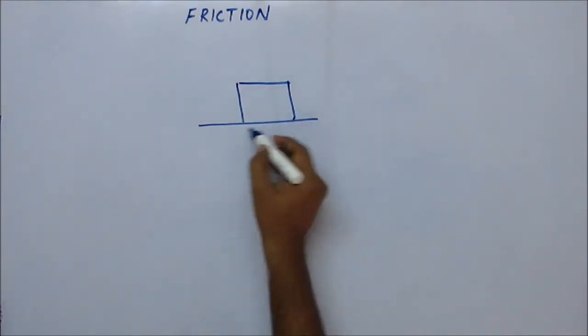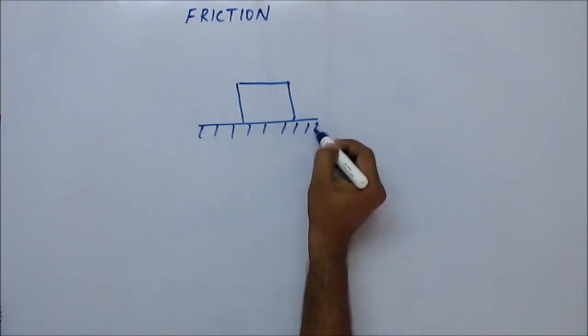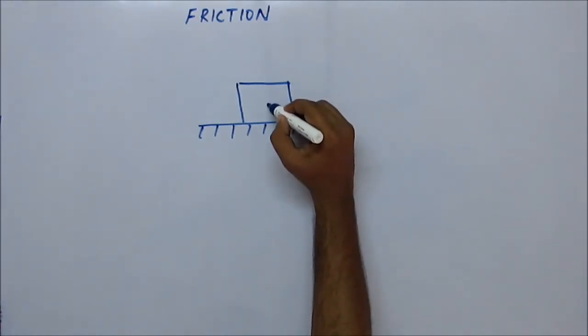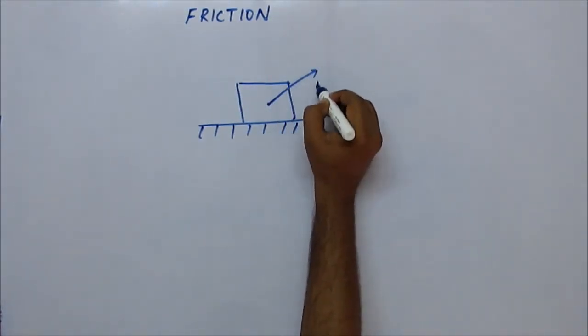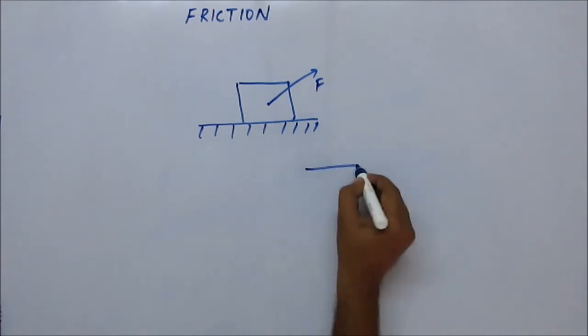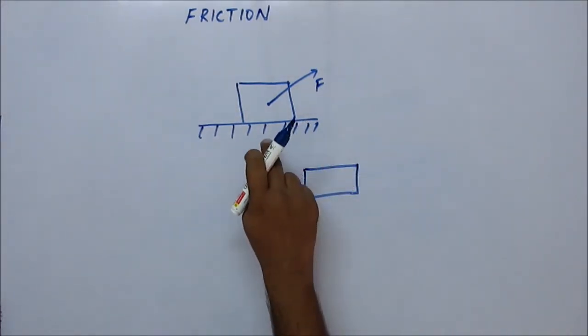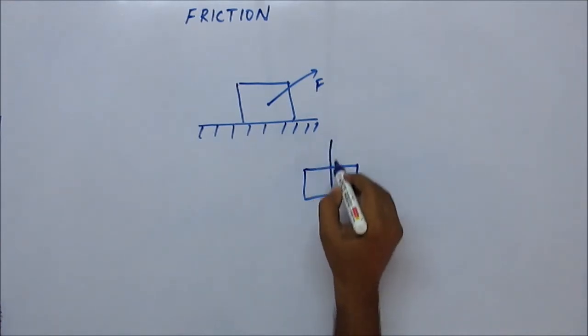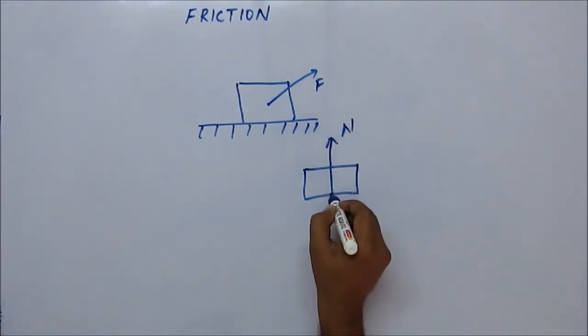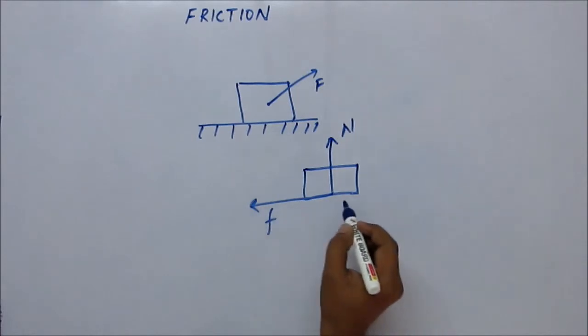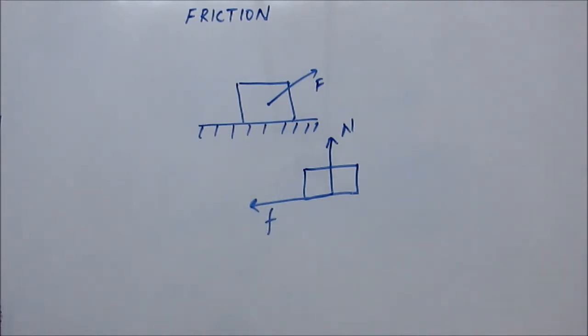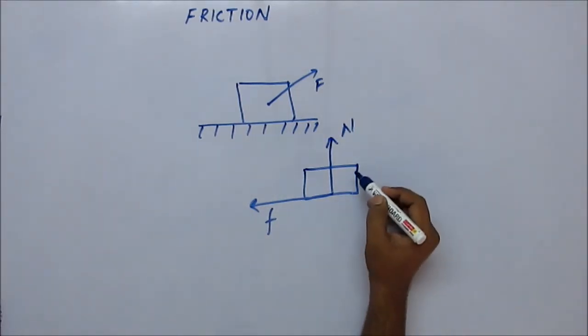Suppose a block is kept on the ground and a force F is pulling this block, then the contact forces, that means the forces from the surface, are one, normal reaction, and the other, friction force. Then there's something defined as the angle of friction.